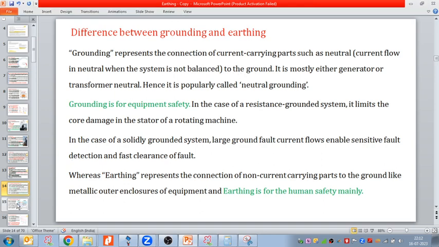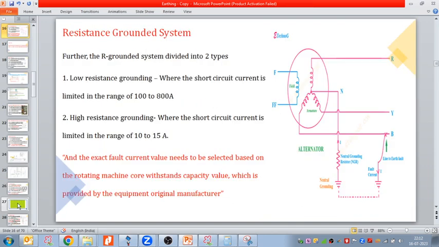So if it is clear, let us see how the return current flows and the types of resistance grounding. Here we can see a case where we have the alternator, with the field, armature and the star winding, R, Y, B phase and neutral, and that neutral is connected to the ground. It is called neutral grounding. So we say neutral grounding and equipment earthing, right?